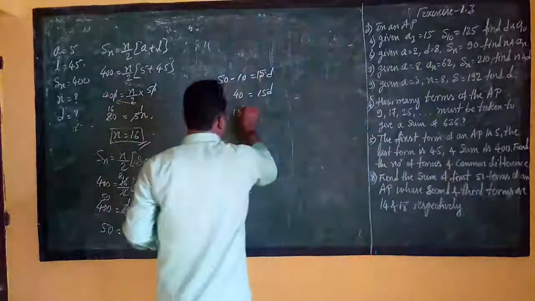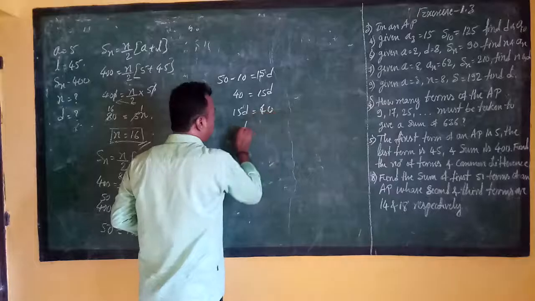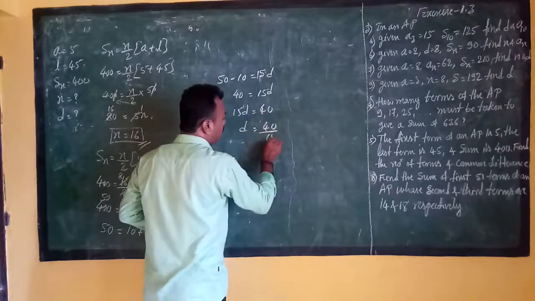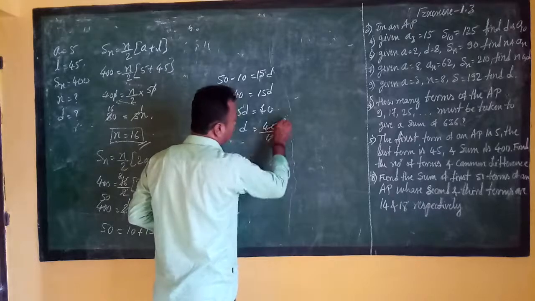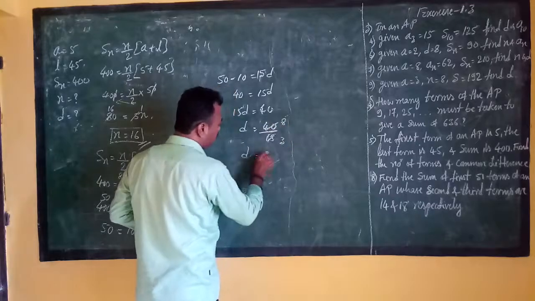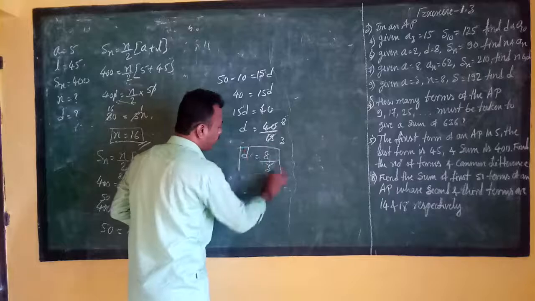Now 15d is equal to 40. No problem. d is equal to 40 by 15. So 5 threes are 15, 5 eights are 40. Therefore d is equal to 8 by 3.